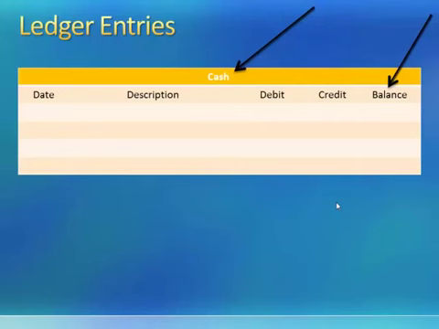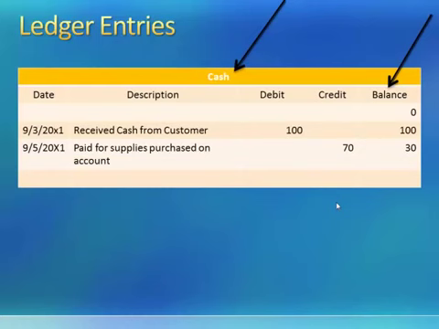A ledger differs from a journal in that only the part of the transaction affecting cash is written in the ledger. Here we see the cash ledger where we received cash from a customer of $100. Then on 9/5, we paid for supplies purchased on account for $70.